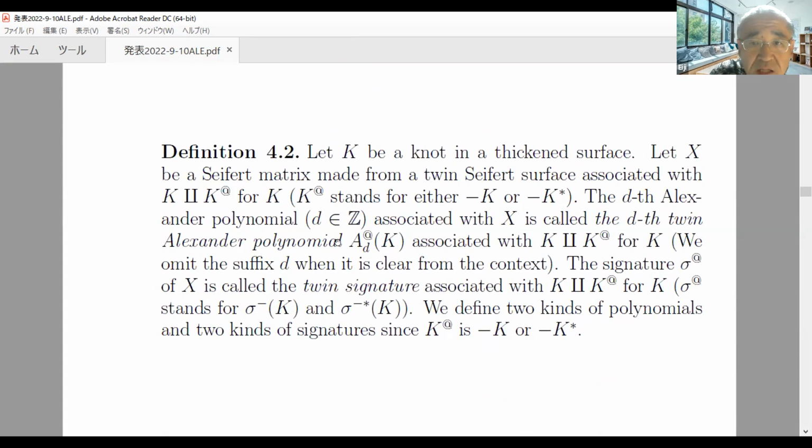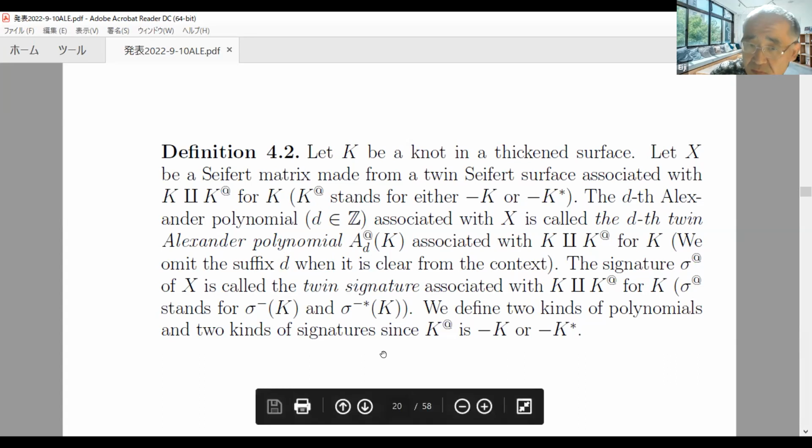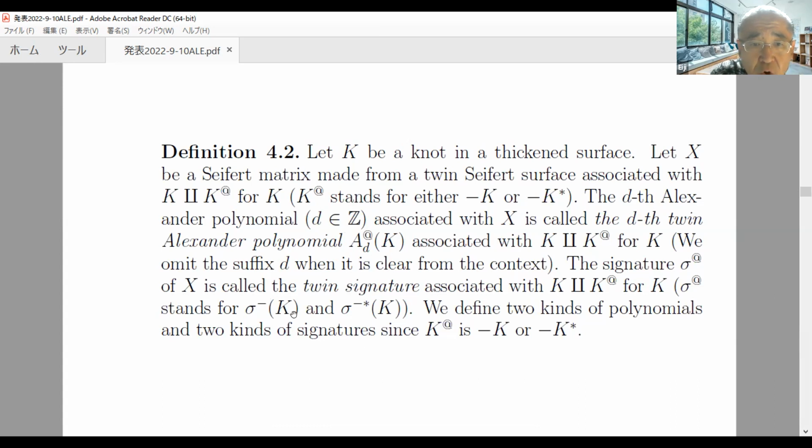These twin Alexander polynomials we defined. Further, the twin Seifert matrix has a signature. Call it the twin signature. And twin Alexander polynomial and twin signature are defined for both K and minus K or minus K star.